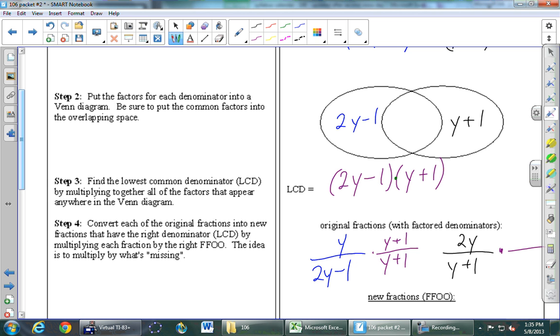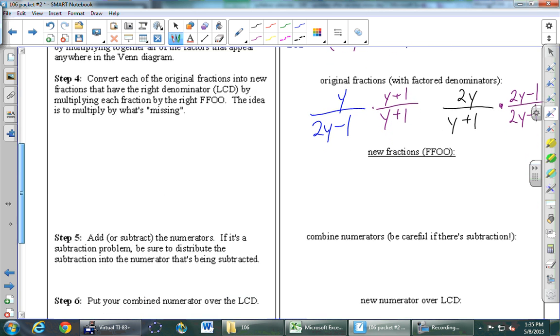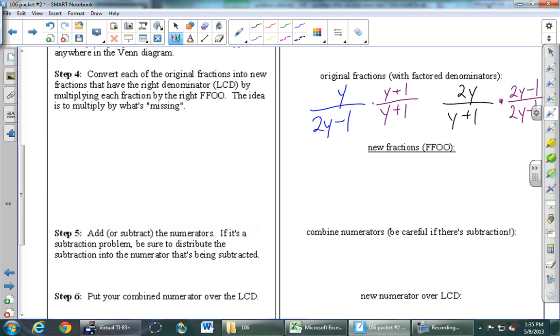Okay, what's missing here? 2y minus 1 is good, so we put it downstairs and also upstairs. Any questions on filling in the missing factor? Is it okay?